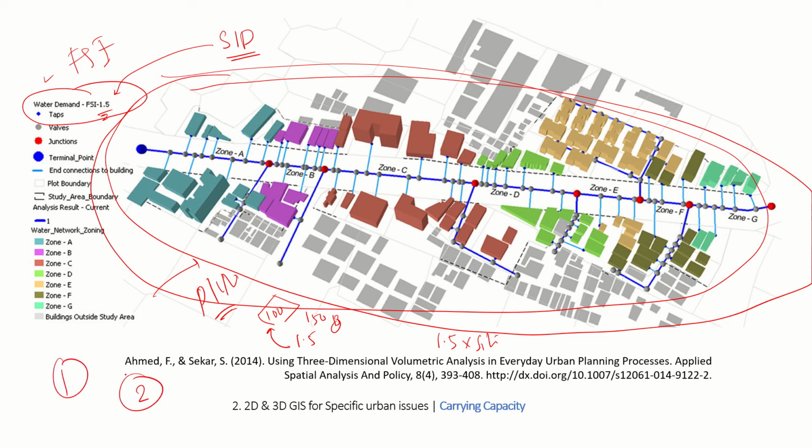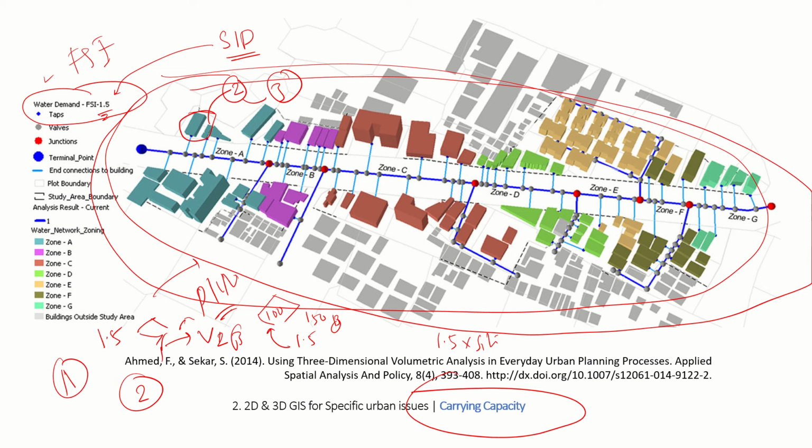Second is, in reality, maybe instead of building 1.5, we may build 2 times. We may violate. I'll also show you how it works. We may violate and probably instead of building 2 floors, we build 3 floors. But what happens to the city in that case? There is something called carrying capacity. So this plot where you are supposed to build only 2 floors, we have built 3 floors now.